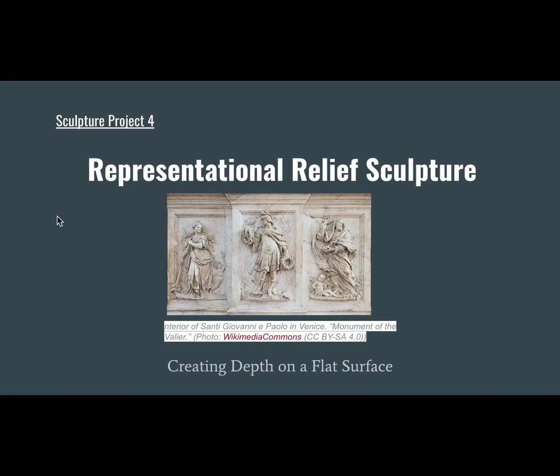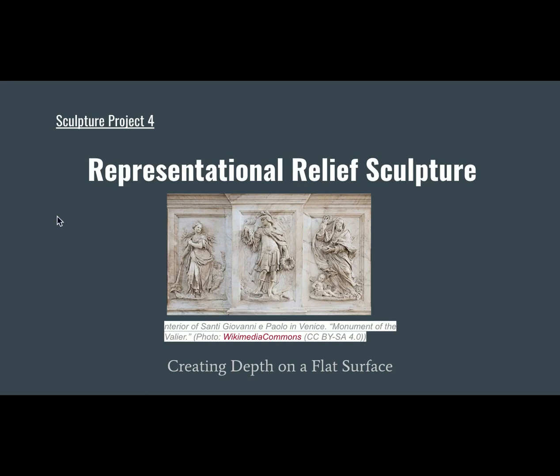If you can tell that it's a landscape, then it's representational, and it's the opposite of abstract, where you've taken what you're looking at and you change it or make it sort of an impression of it that is not directly what you're seeing, and you're not recording in some way what you're seeing. So we're making something representational. It's not realism, but the goal of this project is going to be to make something that looks like something else.